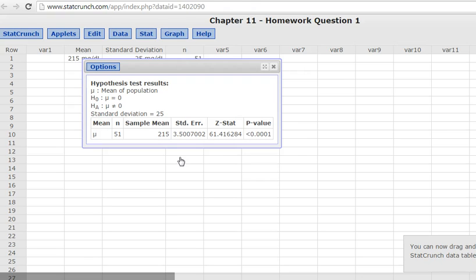Now we're asked, if the sample size were increased to 100, how would your answers in part A through C change? Well, part A and B would remain the same because we have a normal distribution. In part C, we have to do a recalculation because our sample size has changed to 100. We go to Options. We go to Edit.